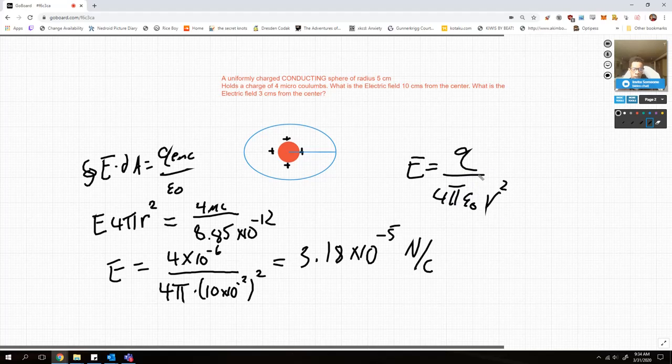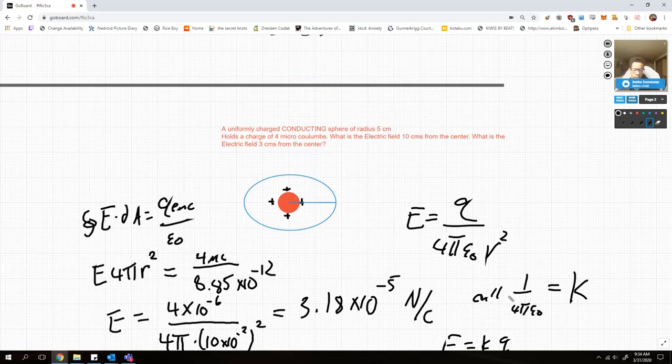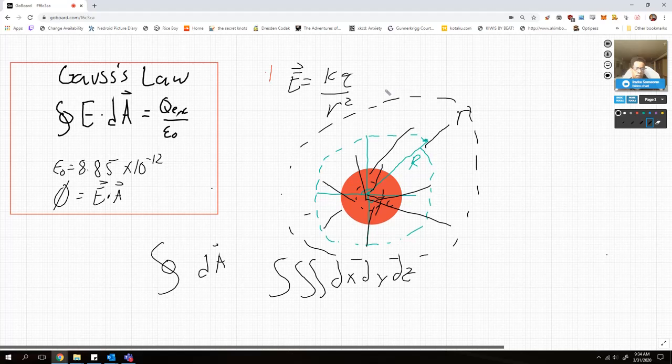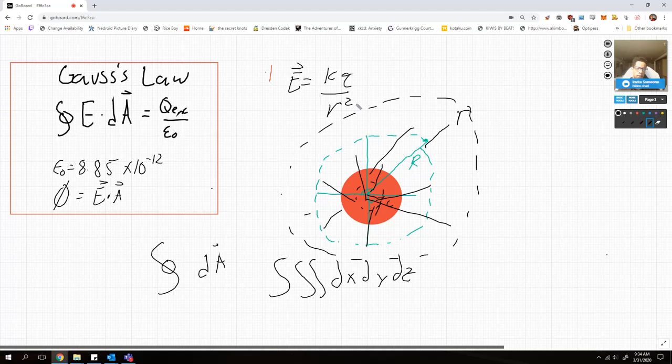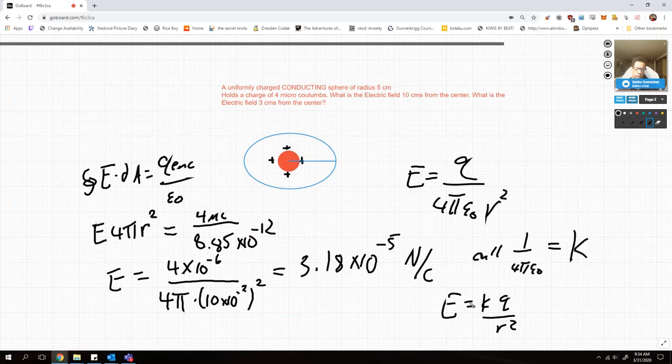And if I call 1 over 4 pi epsilon naught K, then I get E is equal to KQ over r squared, which is Coulomb's law. So this is why I said before that Gauss's law and Coulomb's law are the same. It's because you can just rearrange Gauss's law and you get Coulomb's law. So you're not really learning anything new. It's just that Gauss's law is easier for symmetrical distribution.